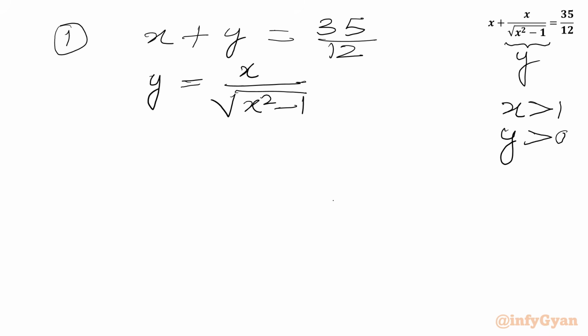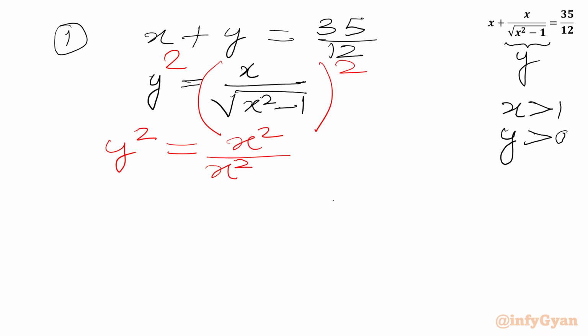Now I will be squaring our equation. I will write here part 2 and put part 2 on the RHS also. So we will get y square equal to x square over x square minus 1. Now we will take the reciprocal of both sides. Here we have denominator 1. We will switch numerator and denominator on both sides.